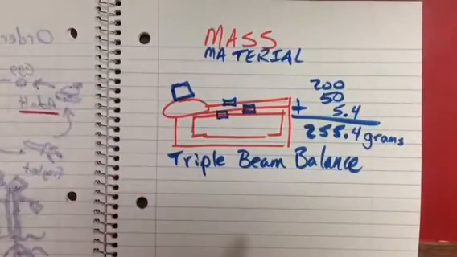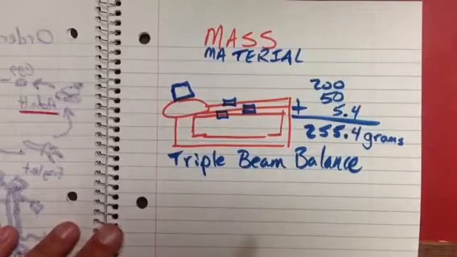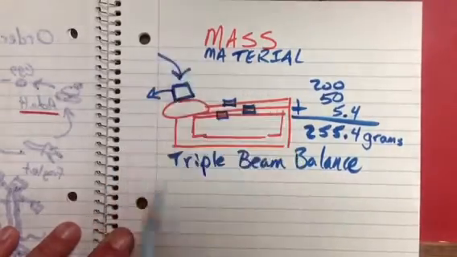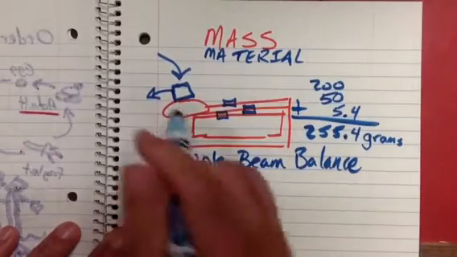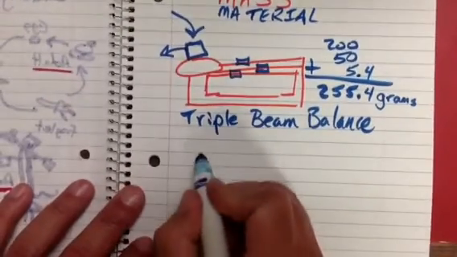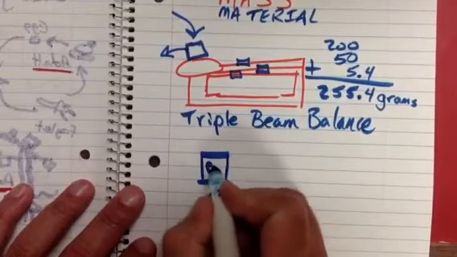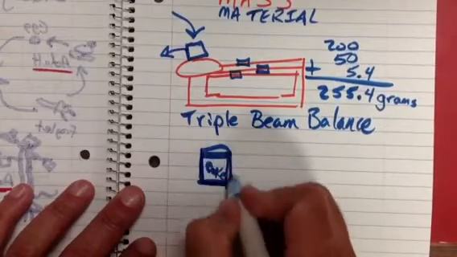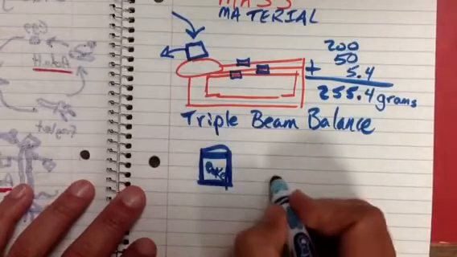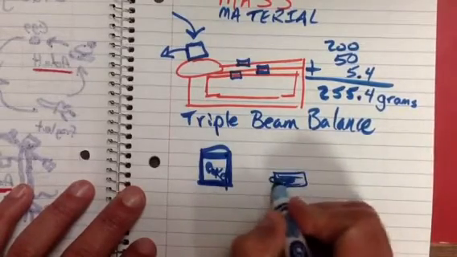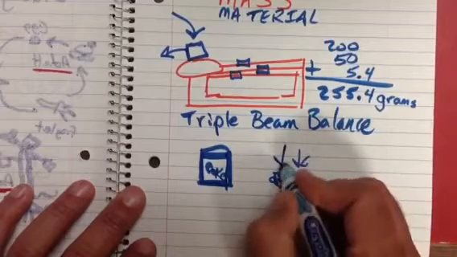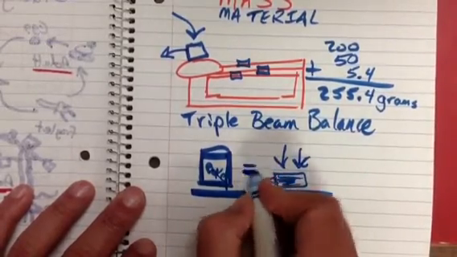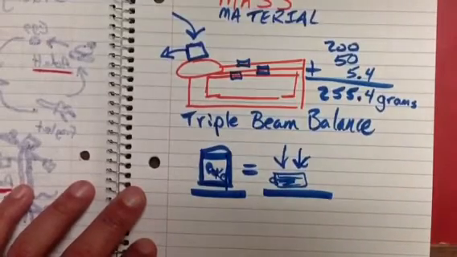We learned that mass usually stays the same unless you take some of the stuff away or you put some more stuff on it. If not, mass should stay. It doesn't matter if we mass the Coke can after we drank it and the can is empty, or if we mass the Coke can after we squish it, the mass should be the same, as long as it was empty before we massed it the first time.